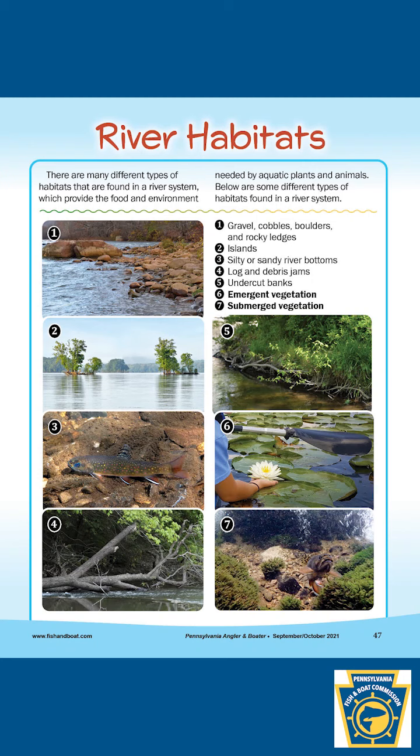River habitats. There are many different types of habitats that are found in a river system, which provide the food and environment needed by aquatic plants and animals. Below are some different types of habitats found in a river system. 1. Gravel, cobbles, boulders, and rocky ledges. 2.